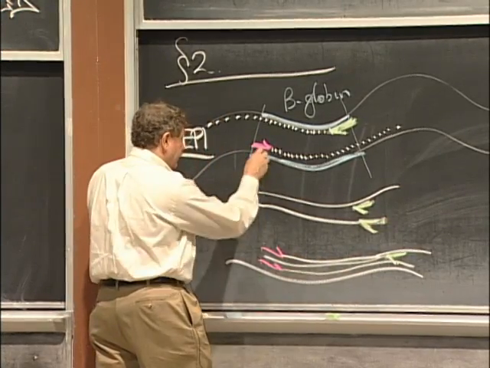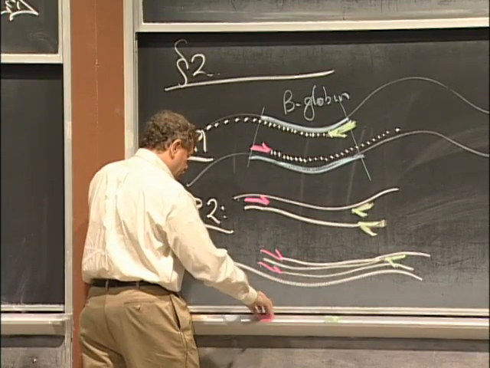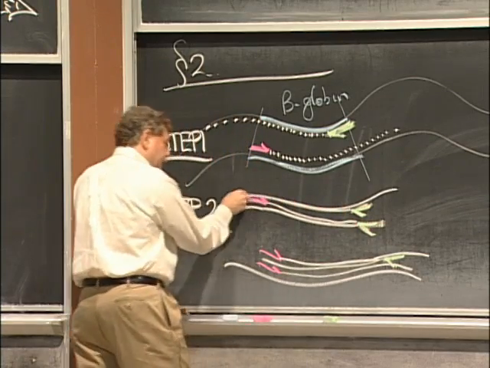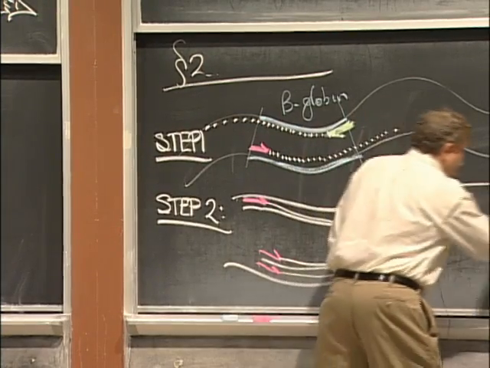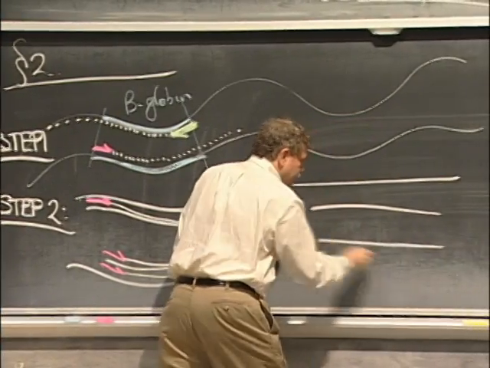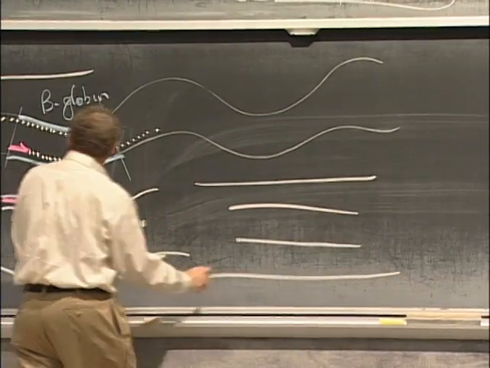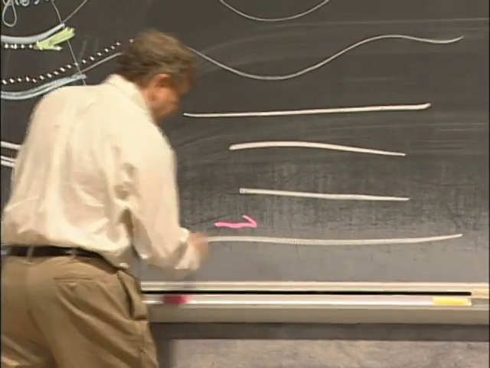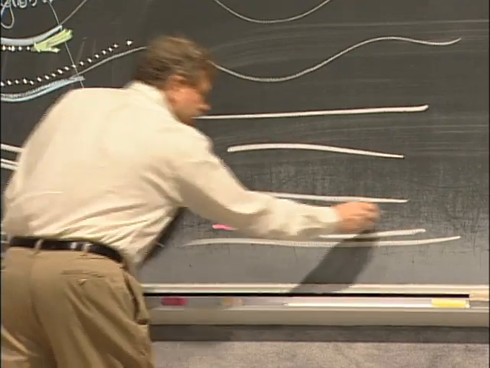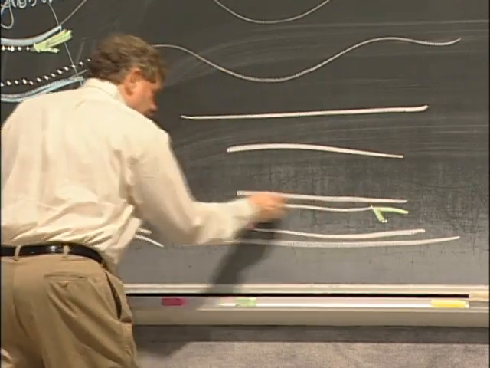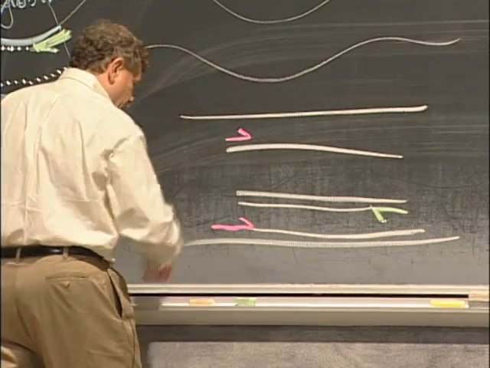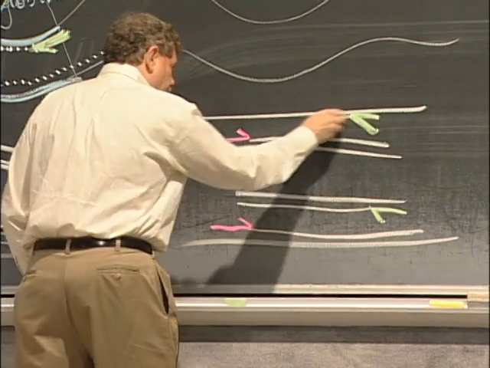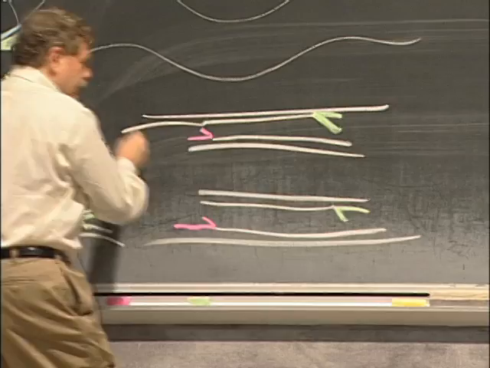This guy sits down here. And this guy goes like that. Well, that didn't come out very good. I'll just draw it a little more clearly here. What happens is this guy will start copying this way. This guy starts copying this way. This guy starts copying this way. This guy starts copying this way.